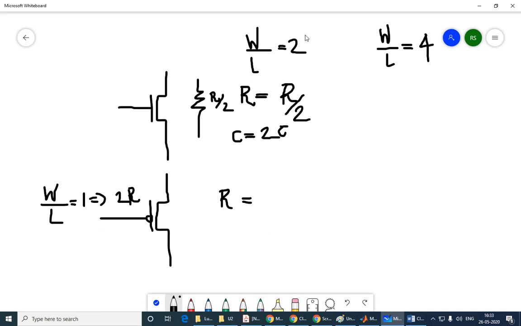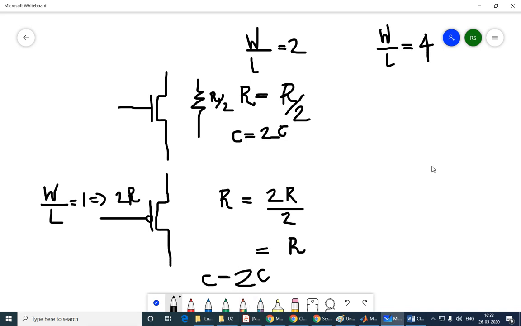So if the W by L doubles, the relation is the same, but the per unit resistance itself is 2R. So the resistance for this transistor is 2R divided by 2, equal to R. And the capacitance is going to be 2C.